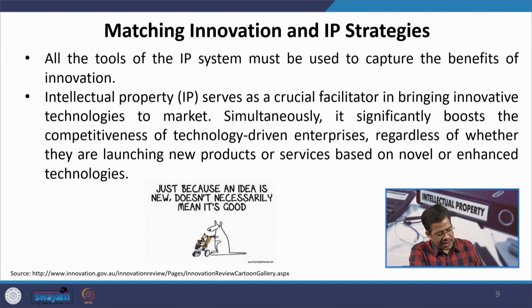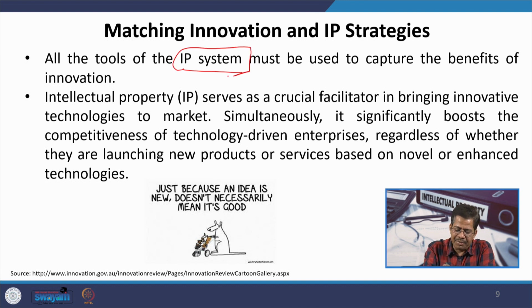Therefore, it is important now to understand that our innovation and IP strategy should have a proper match. Then only you will be able to exploit innovation for your advantage, and you should be using all the tools of the IP system for the exploitation or creation of value from the innovations.